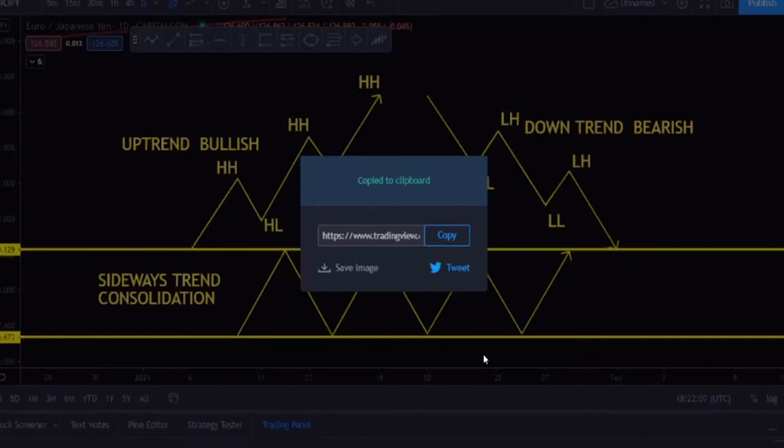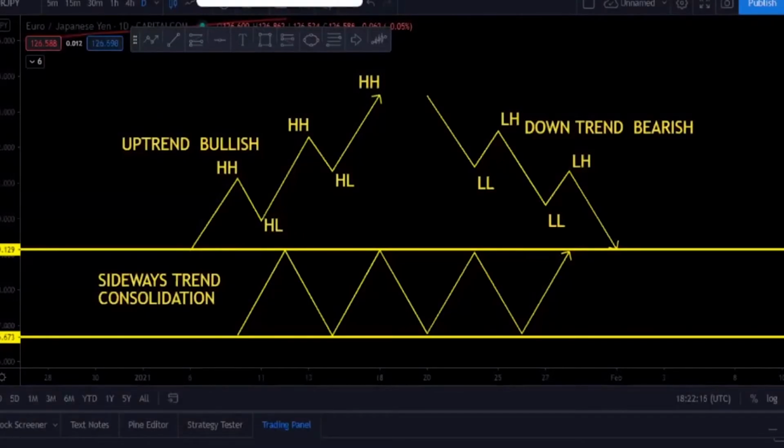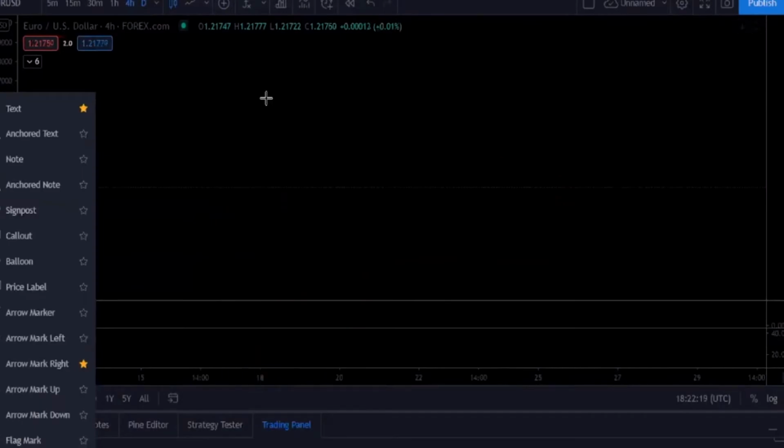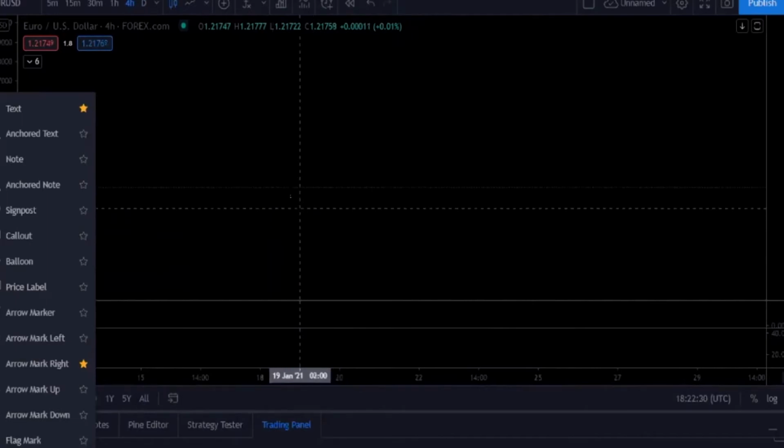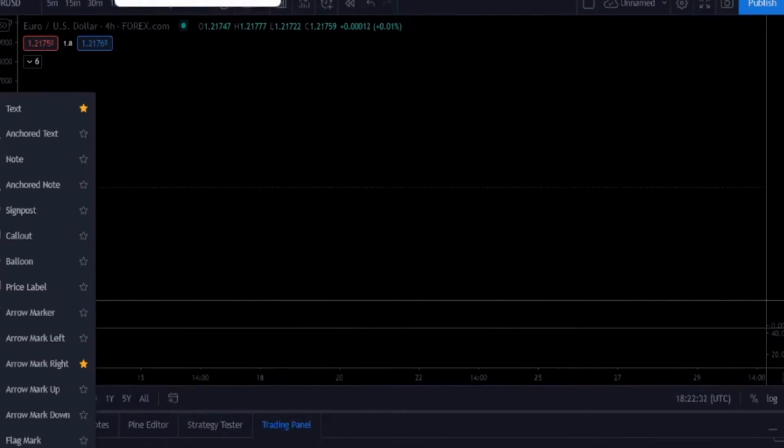Honestly, it depends on what your pip goal is. If you're looking to get 50 to 60 pips, it might take a couple of hours. So what you would possibly want to do is use the day time frame. The reason being is it's going to have much more movement. With that being said, you want to possibly have enough risk capital in your trading account to where you can withstand any type of pullbacks of that nature.